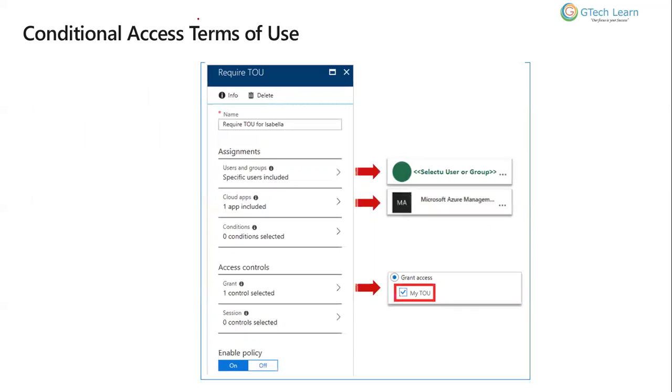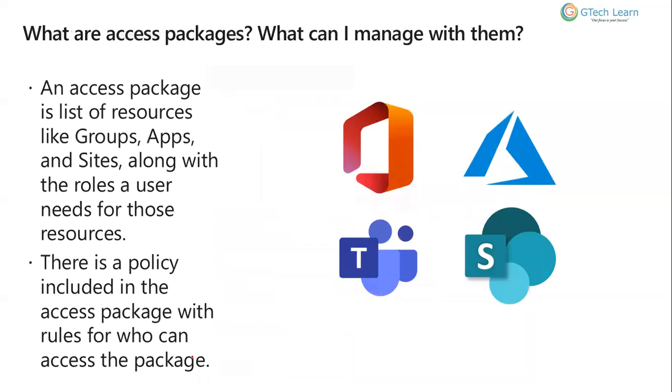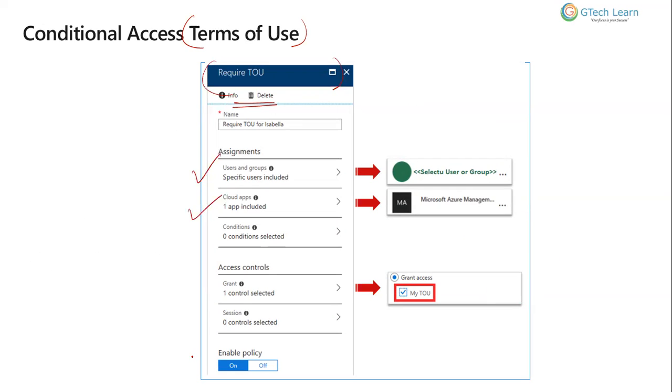As well as if we want to use terms of use, then we can require the terms of use in a conditional access policy as well. So let's jump to the portal and see how we manage the different conditional access policies over there.